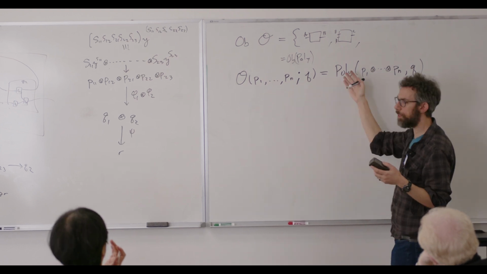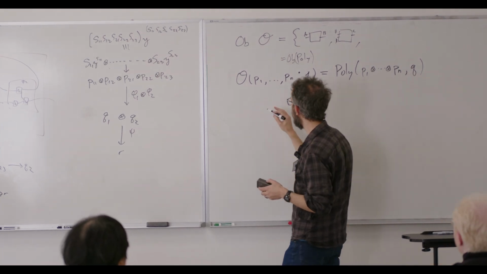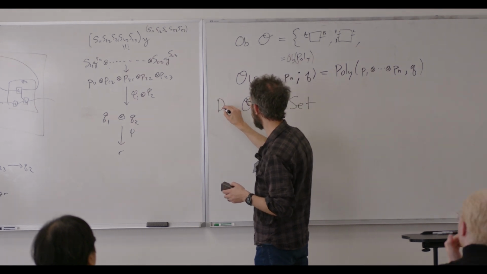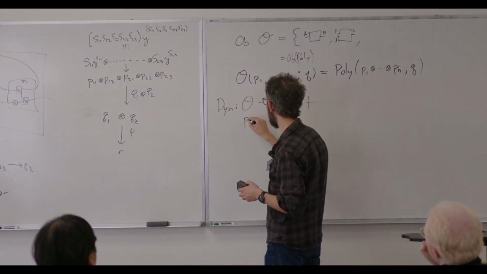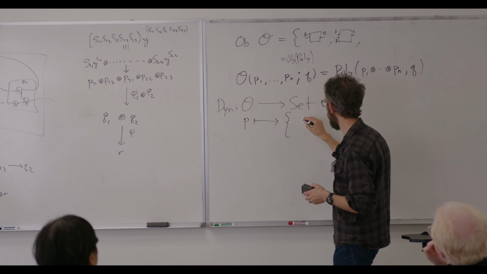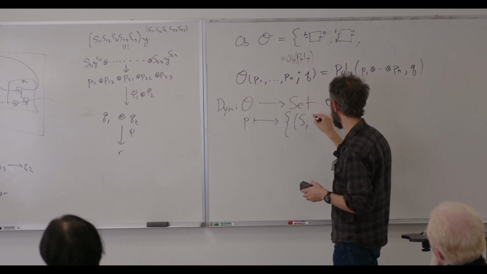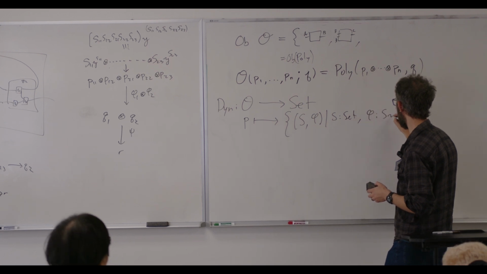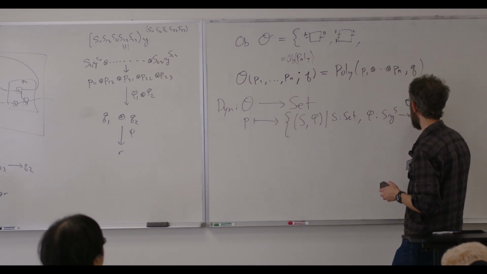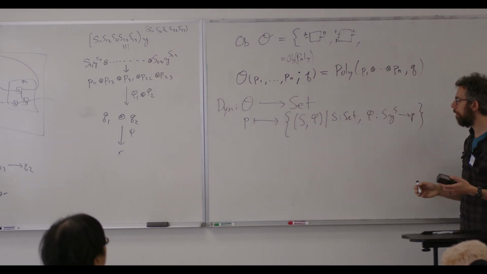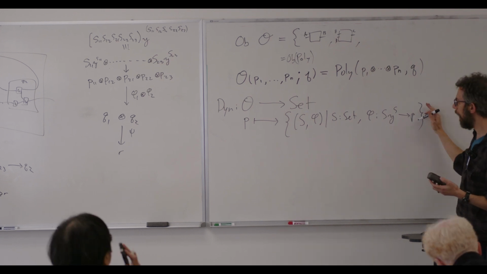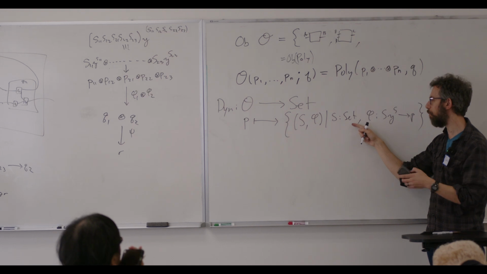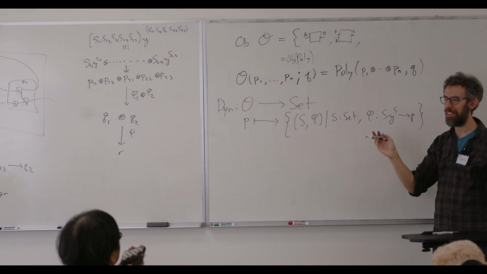Right. And so we have this multi-category here, and then we need a functor from O to Set that tells us how to fill in the bubbles. So this is the dynamics itself, and it sends P to the set of pairs S, phi, where S is a set and phi is a coalgebra, either Sy^S to P or S to P(S), whichever one you like better. And this is a set. I mean, it's like a gigantic set. Maybe you want this to be sets of cardinality less than the reals or something.